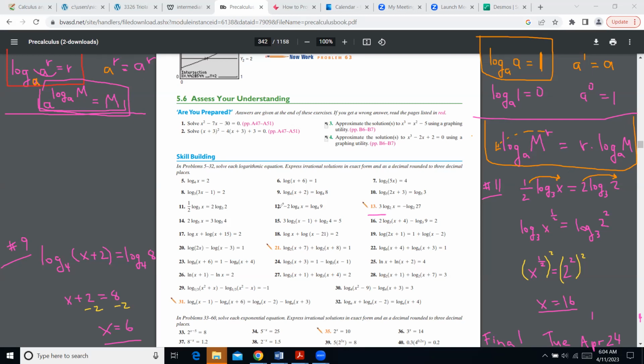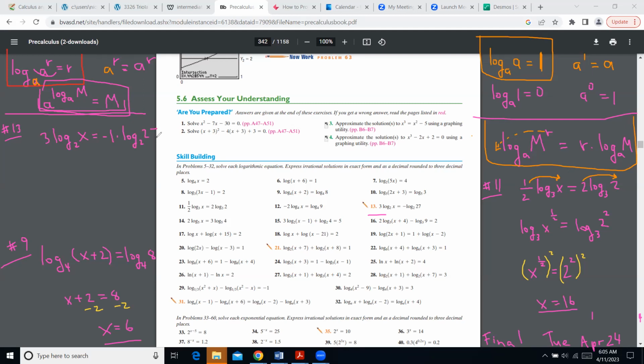How about number 13? Let me try another one like that. In this exercise, again, there are some numbers multiplied by the logarithms. So I have 3 times logarithm base 2 of x on one side of my equation, which is equal to, I can say, -1, because minus means -1, because I want to make this be just a logarithm without any numbers.